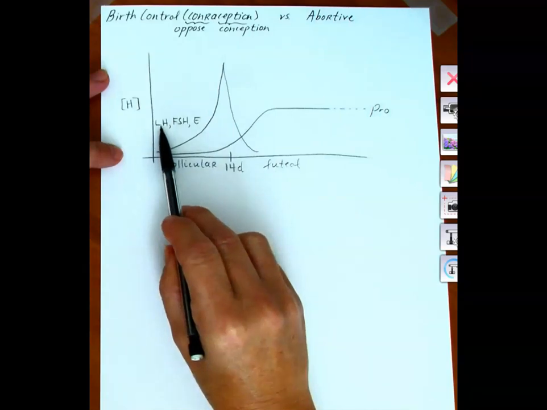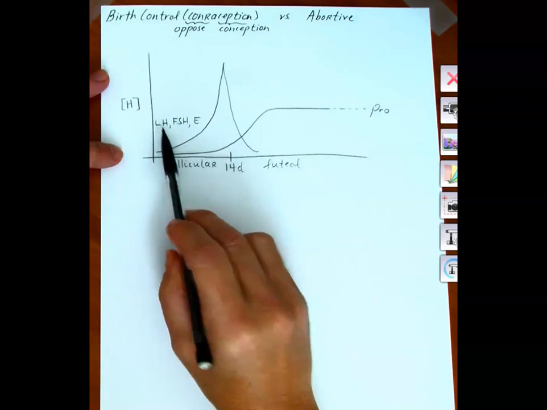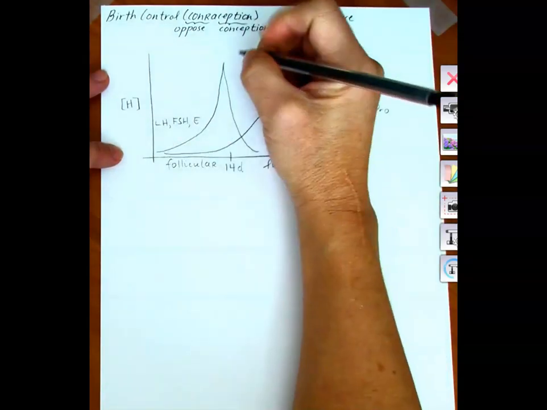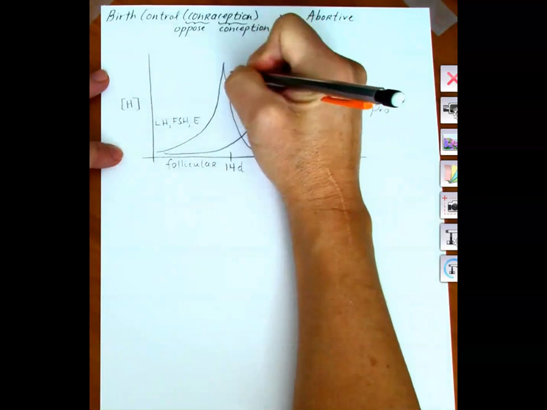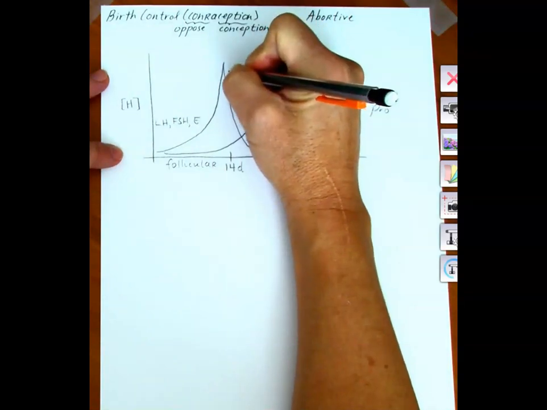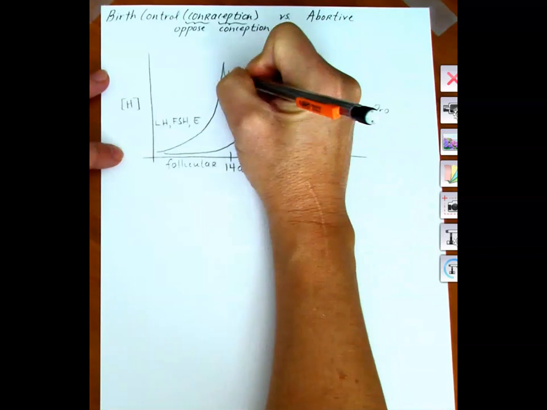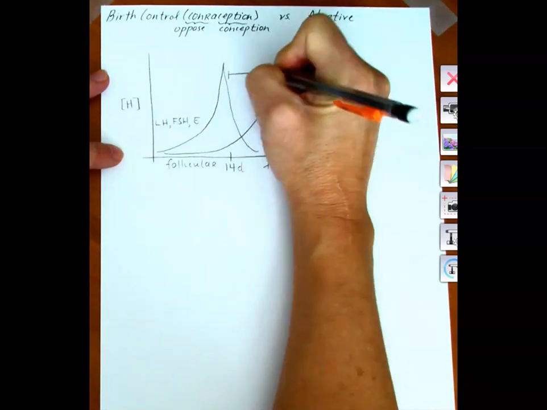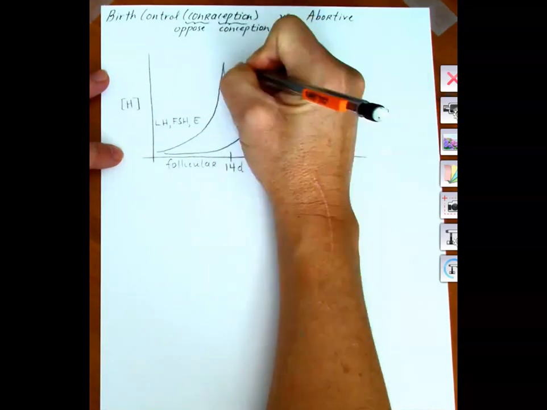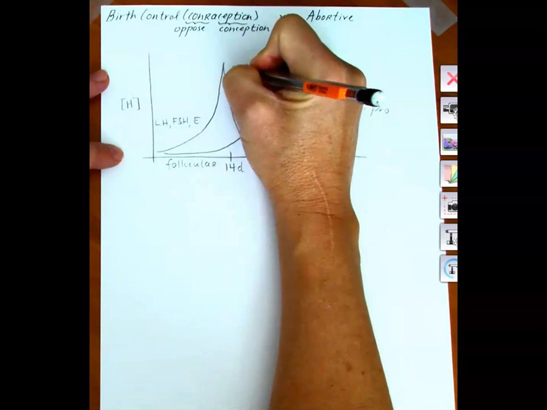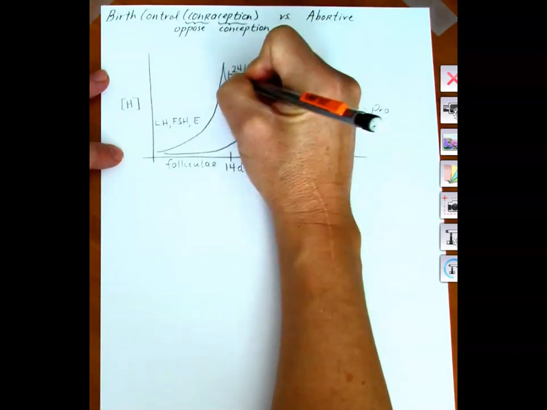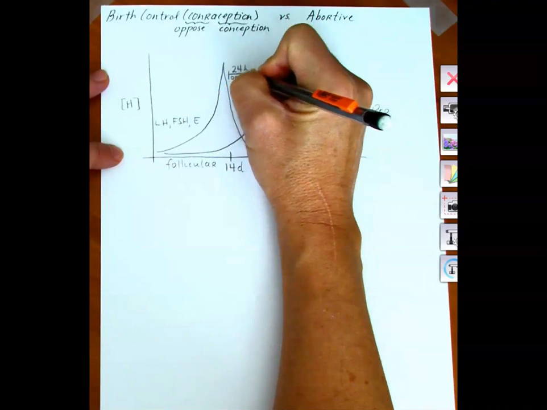Now, once ovulation occurs, that oocyte is going to start traveling down the fallopian tube and is only viable for 24 hours. So let's mark up our drawing here. 24 hours. And this is what we're going to call oocyte viability.